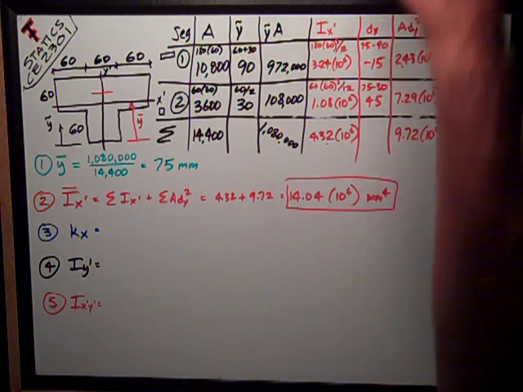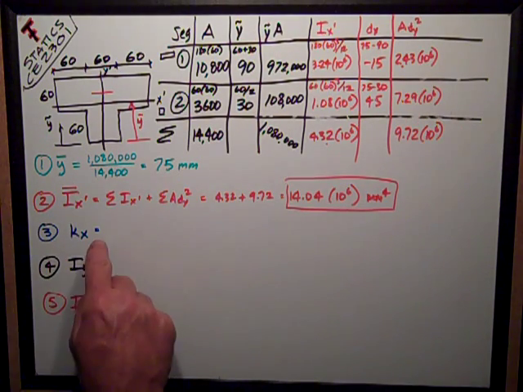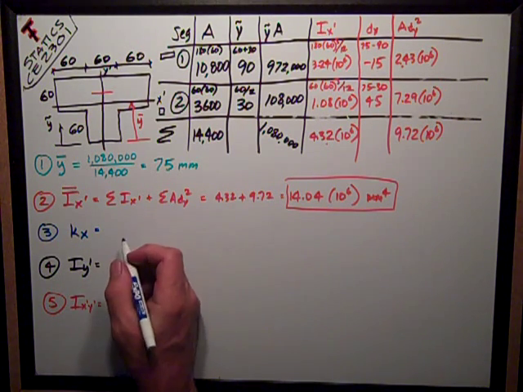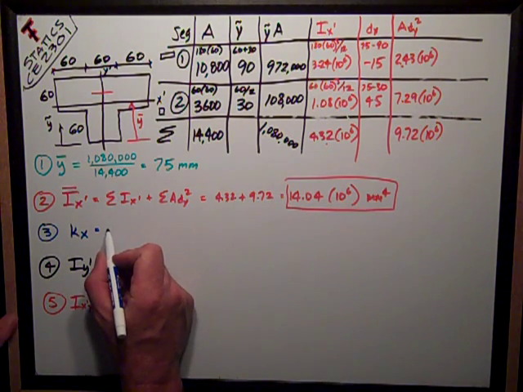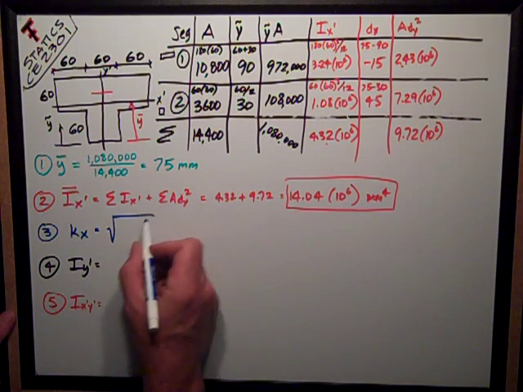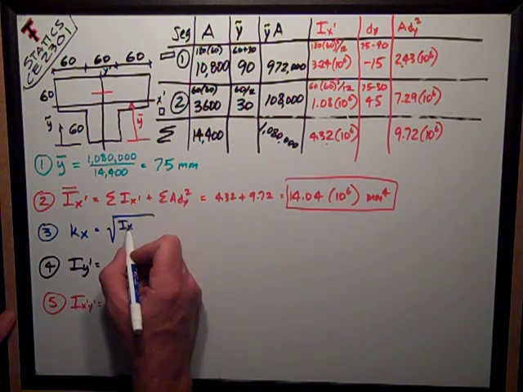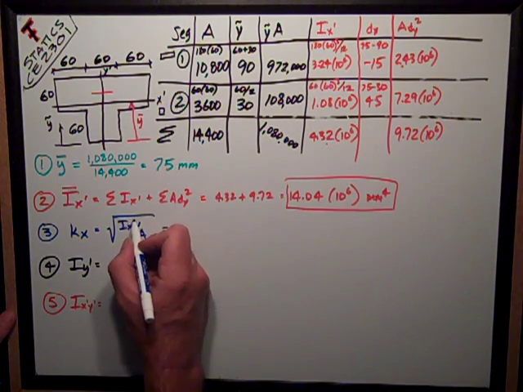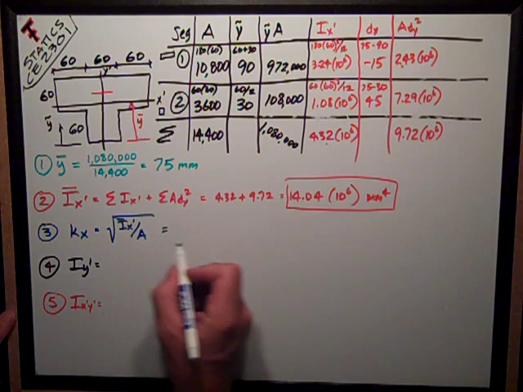Next, I want to know what my radius of gyration about the x-axis is, and that's just, remember, the square root of Ix divided by the area. Well, I've got all the numbers I need.